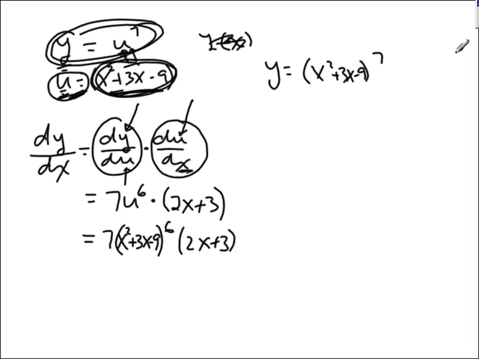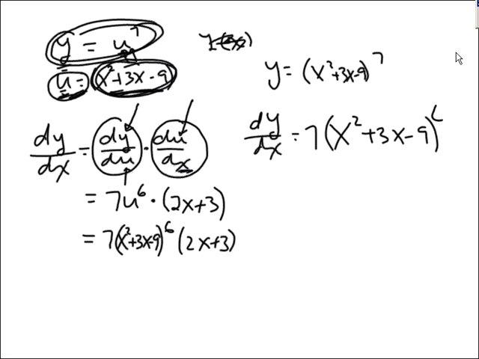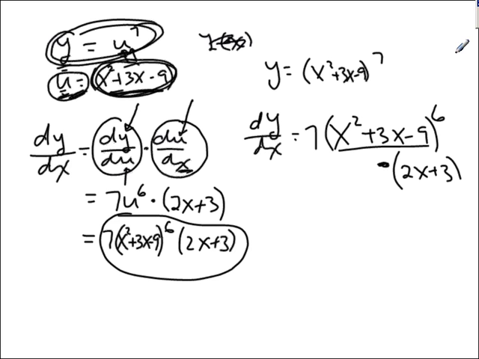I can take the derivative of that, dy in terms of x. Well, you have this function to a power. You want the derivative: bring the power down, make the new power 1 less. Don't forget to multiply by the derivative of that, 2x plus 3.